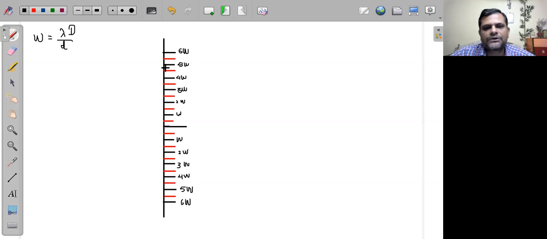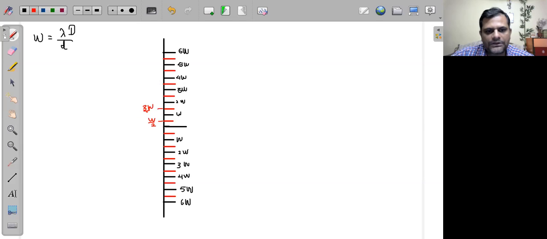Okay, if we talk about the dark bands, then we can have these distances. The first dark band is at a distance of W by 2 from the center. Okay, so W by 2 is the distance of the first dark band. Then what will be the distance of the second dark band? We can say that it will be 3W by 2.